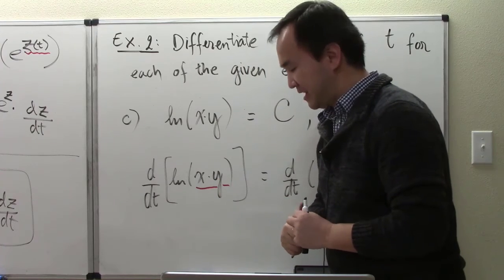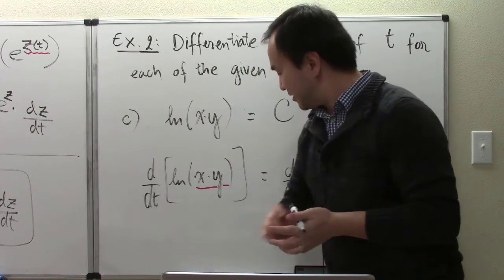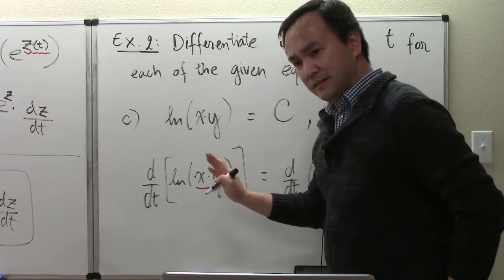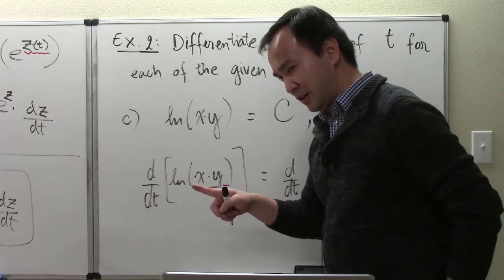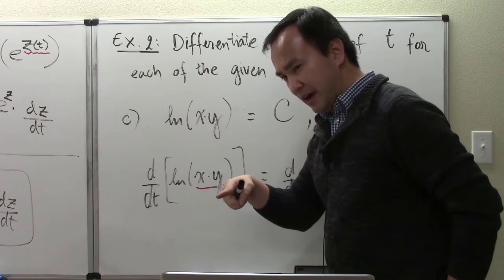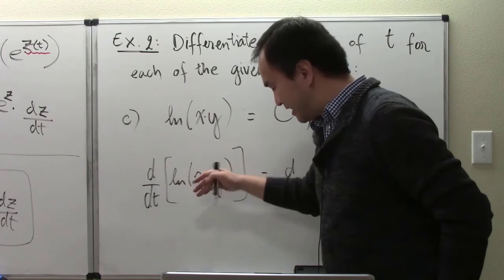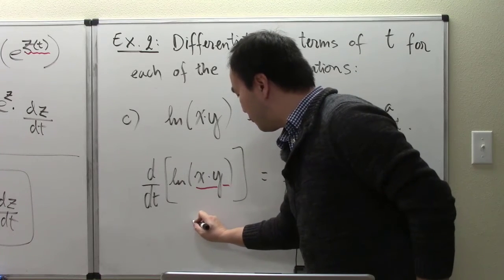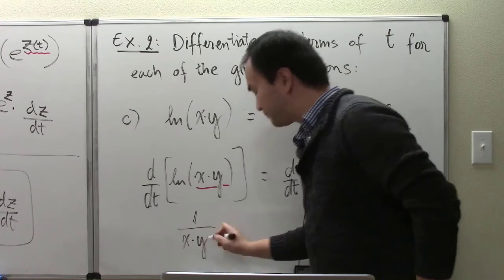And in that way, we have to start using the chain rule immediately. The derivative of the outside, being a logarithm, is going to be 1 over whatever is inside of that. And so now I'm going to consequently have 1 over the entire product, x times y.